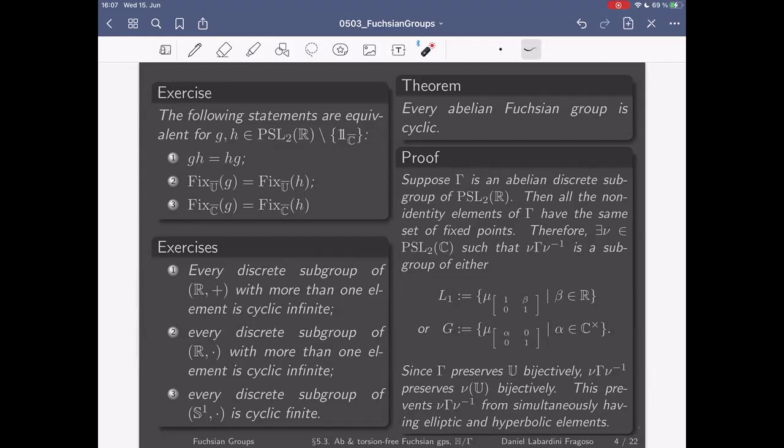And right, so the first statement is that we want to show the following: that if you have an abelian Fuchsian group, then it automatically has to be a cyclic group. Okay, so if we start with an abelian discrete subgroup of PSL2R, so it's gamma, then all the non-identity elements have the same set of fixed points by this exercise.